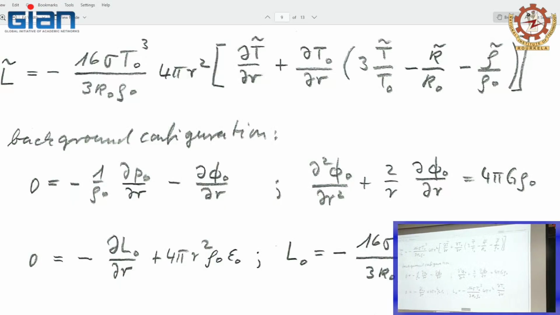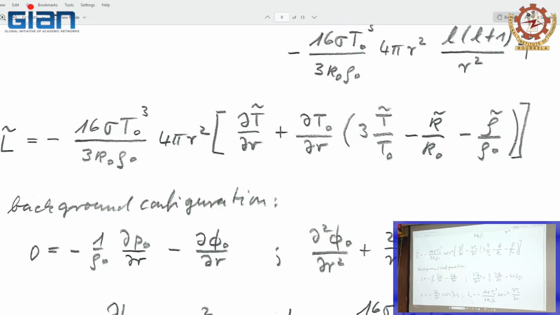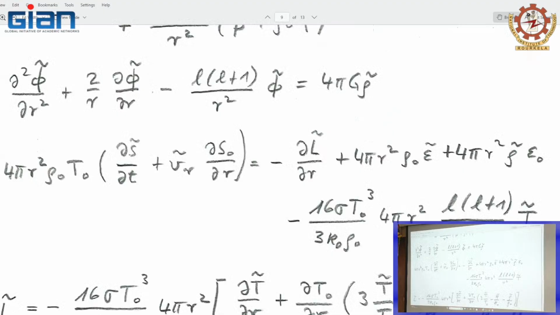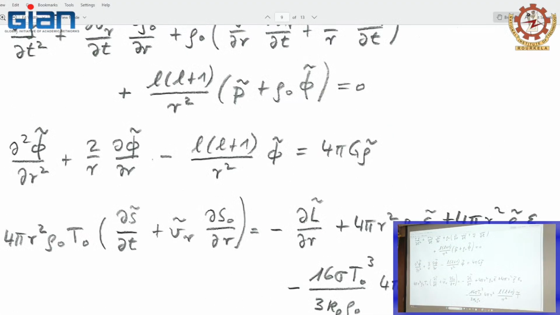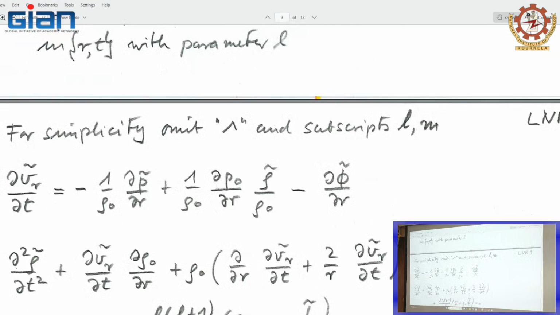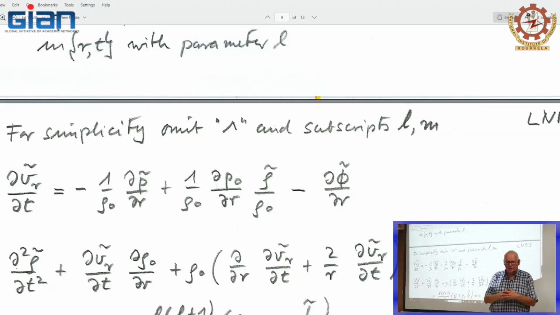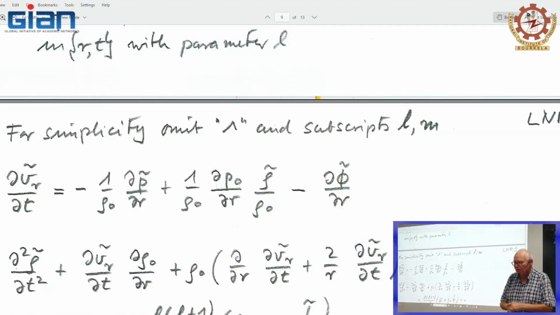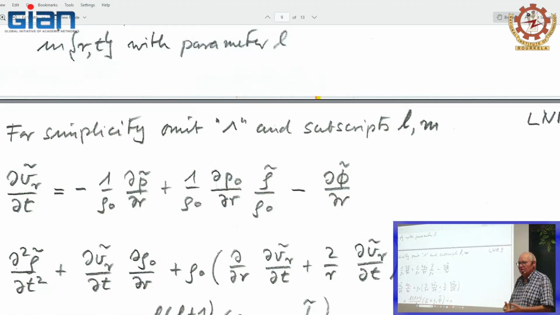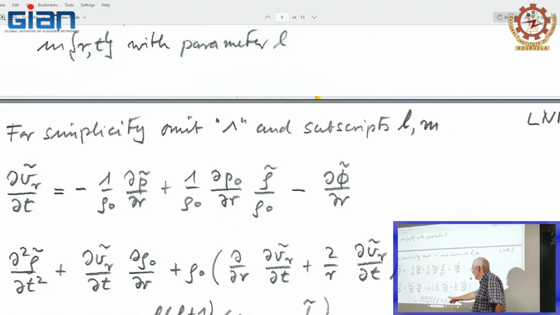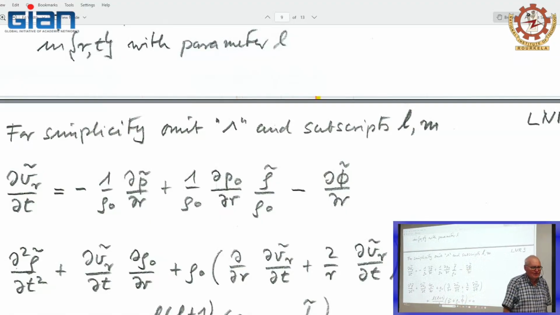Keep in mind that actually these equations are not really single equations, but they represent an infinite set of equations. For each value of L, we have a single equation, and this is an infinite sequence of equations, or we can consider L, the harmonic degree, as a parameter of the equation and solve the equation for each parameter separately, or take it as a continuous parameter.